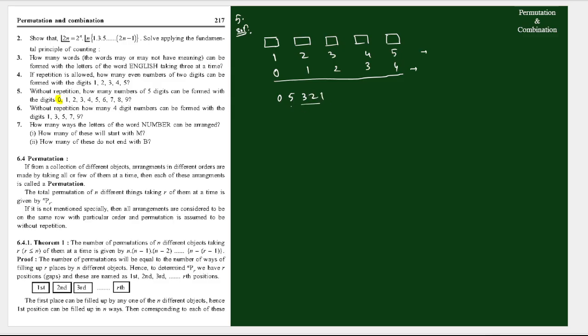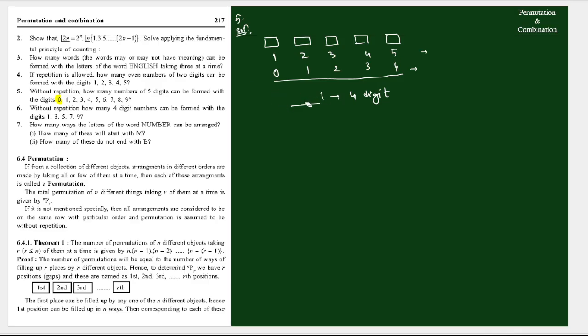Is this a 5-digit number or 4-digit? If 0 is in front then we don't count it, it is only 5 3 2 1, that means this is a 4-digit number. So we have one restriction here, that the first place cannot be filled by the number 0. Did you get it?